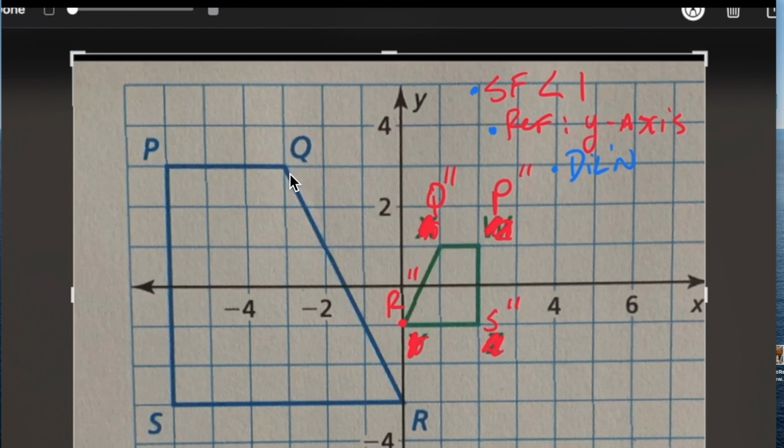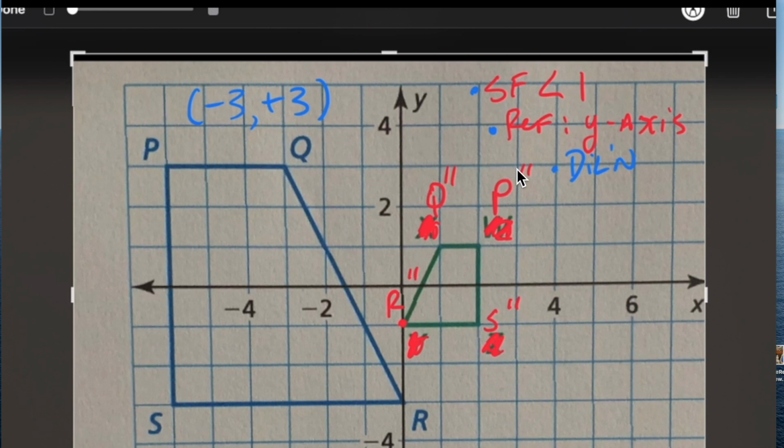All right, so the original coordinates of point Q are going to be -3, +3 for point Q. So let's go ahead and reflect that over the x-axis. I'm sorry, the y-axis, and figure out where that brings us. So if we start out at -3, plus 3, we know the y value is going to stay the same and the x value is going to be flipped.